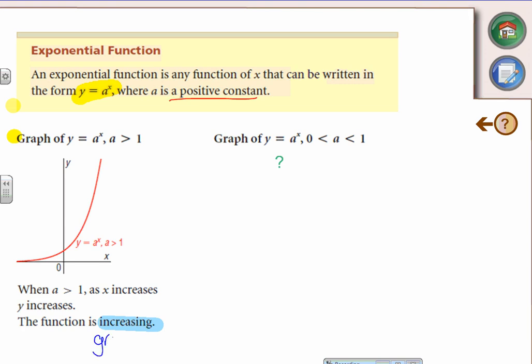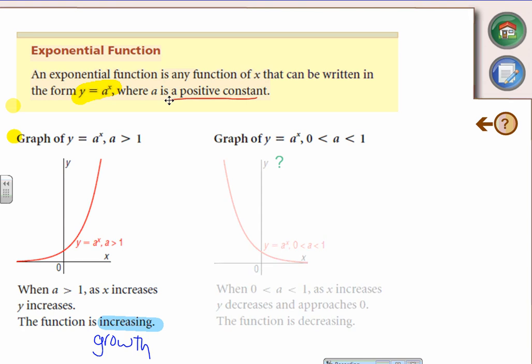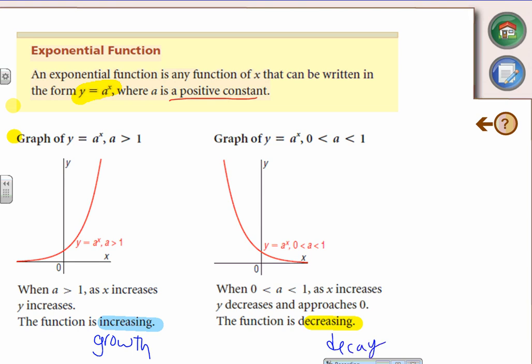We call that growth. Now what happens if we're between 0 and 1? Remember, we can't go into the negatives with that a value. So if we're between 0 and 1, it's going down. It's decreasing. Okay. Decreasing, that is decay.